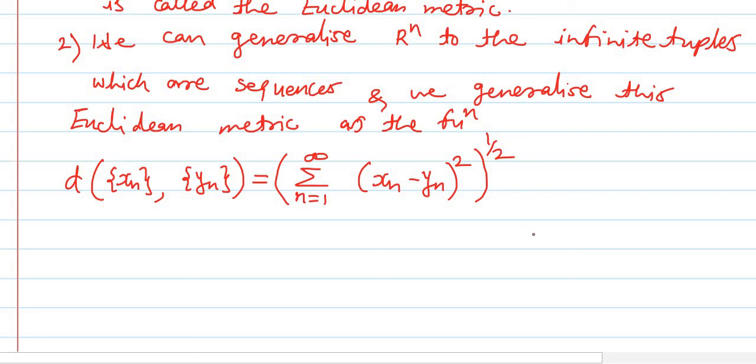This d function, defined in such a manner, will be well defined if the series summation over n equal to 1 to infinity of (xn − yn)² converges, and in that case only can we consider the metric.